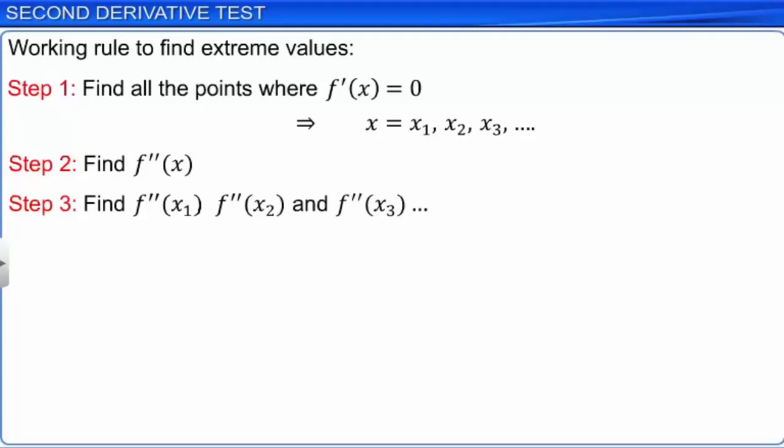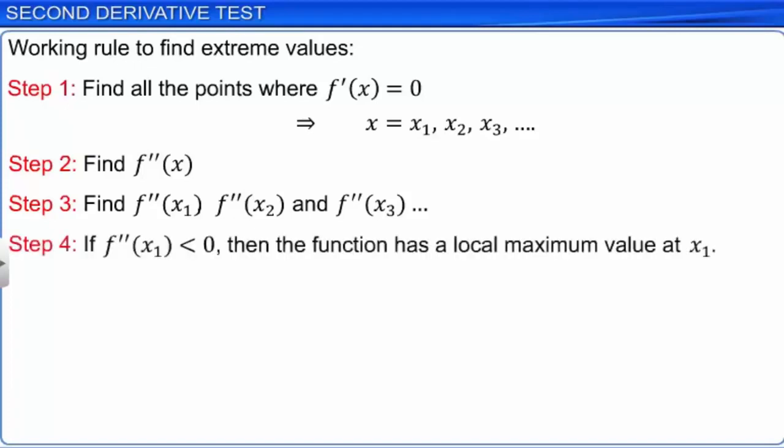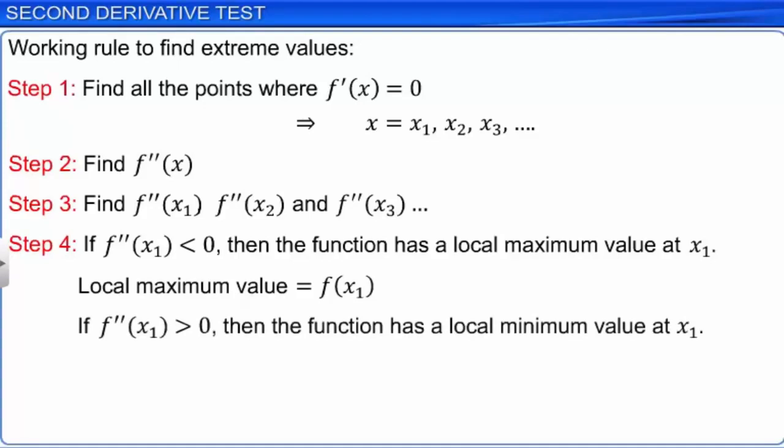If the values of the second derivative at these points are negative, then the function has local maximum values at these points. If the values of the second derivative at these points are positive, then the function has local minimum values at these points. Local maximum or local minimum value is the value of the function at these points.